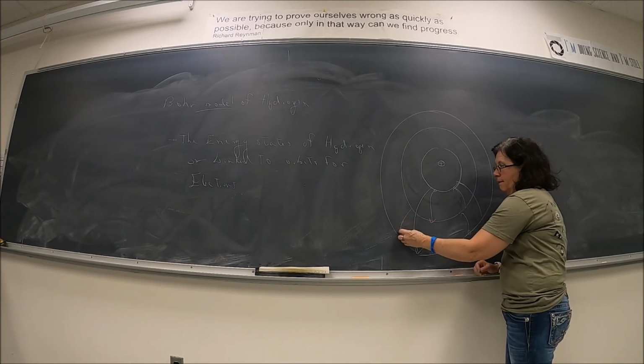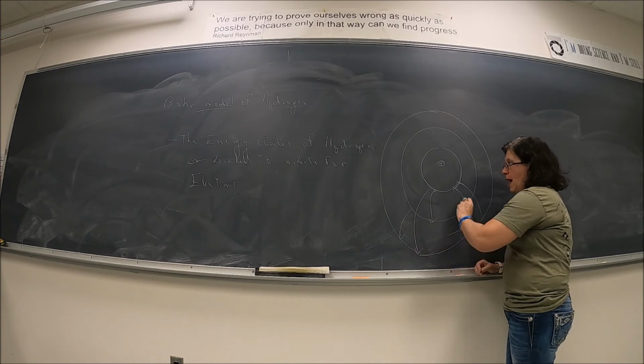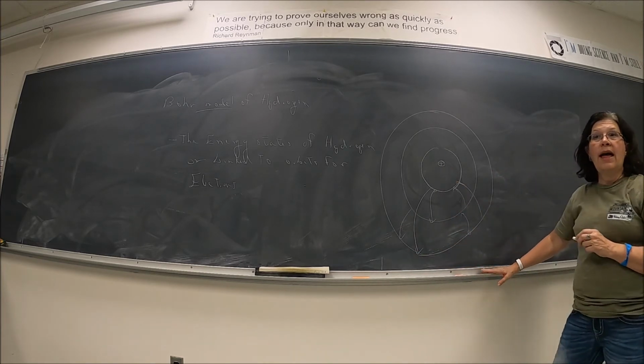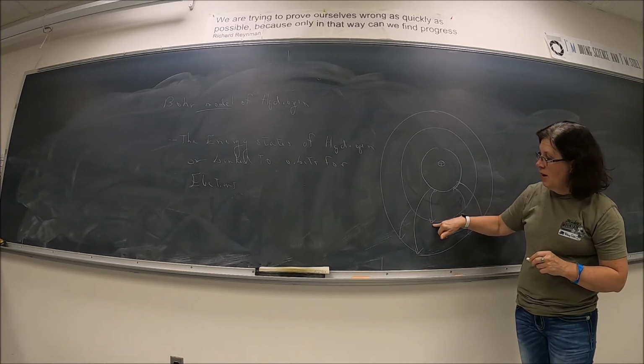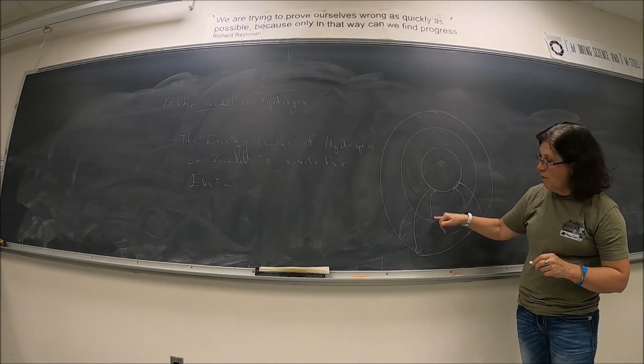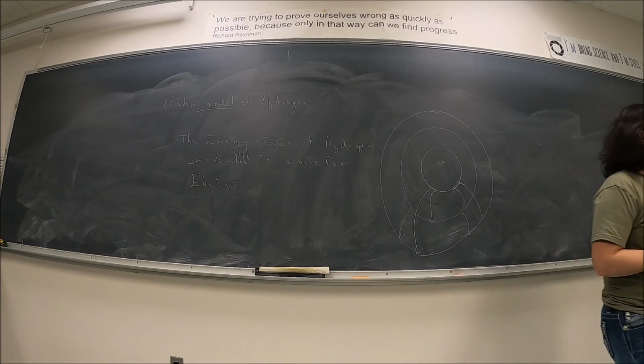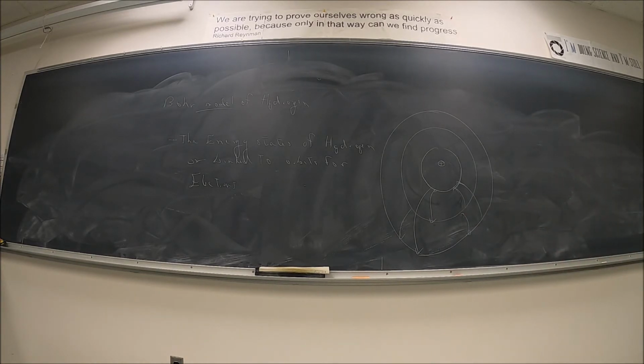So absorb, we jump out. Come in, they emit. If I don't have enough energy to jump to another energy orbit, it just falls back down to where it was before. And if you pump it full of enough energy, what we see in the photoelectric effect is it gets stripped totally out.